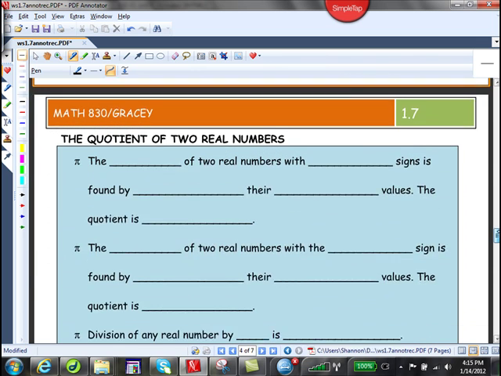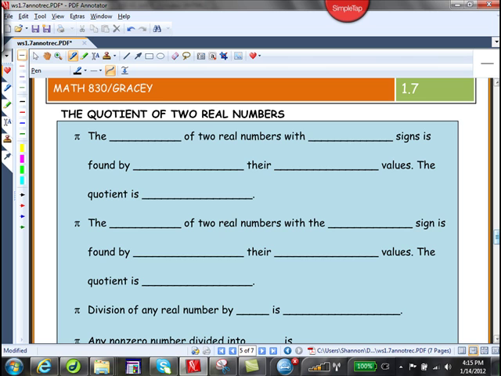Alrighty, next up, the quotient of two real numbers. The quotient of two real numbers with different signs is found by dividing their absolute values.